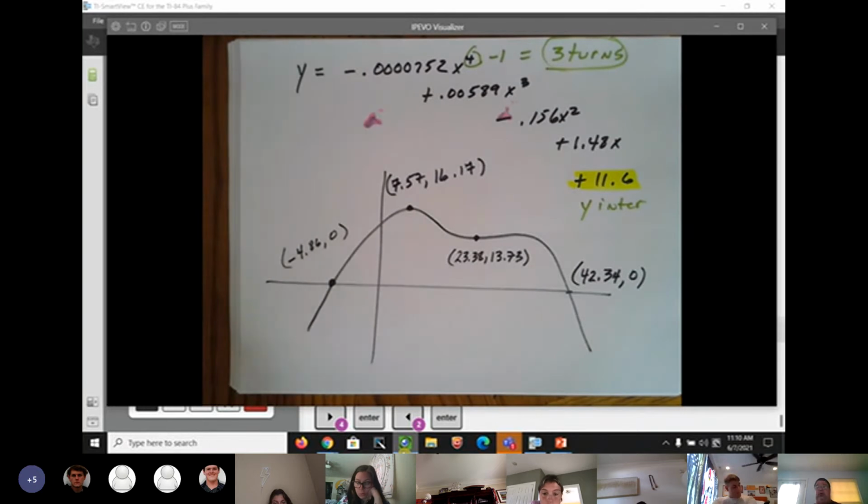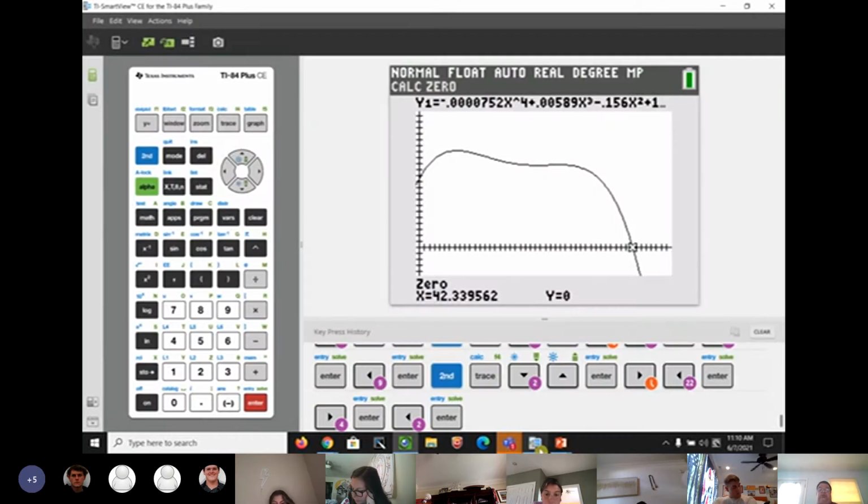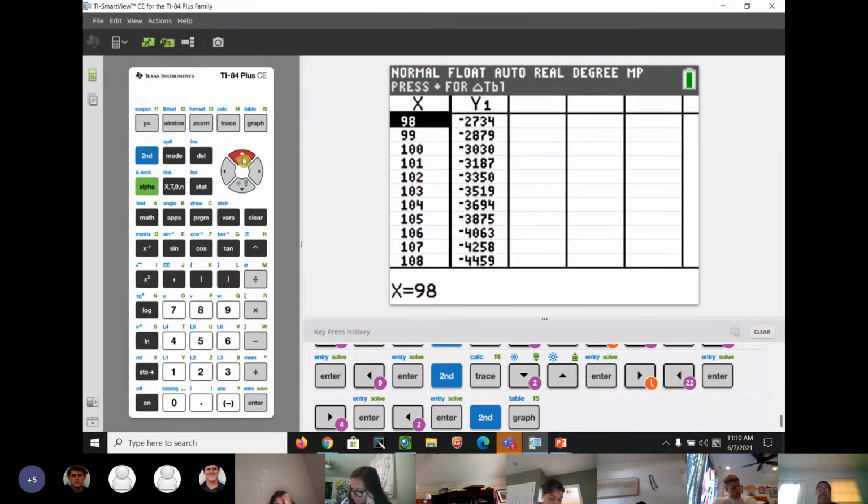Now, let's go back to see what they're finding, because they could be asking you what happens at X equal to 5. In that case, if they ask you X equal to 5, you go to second, table, and you look for 5. And don't hold it down.